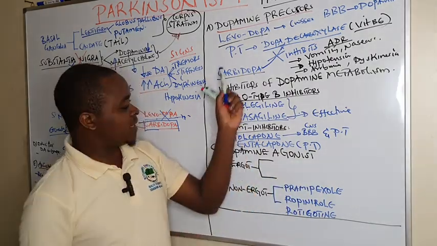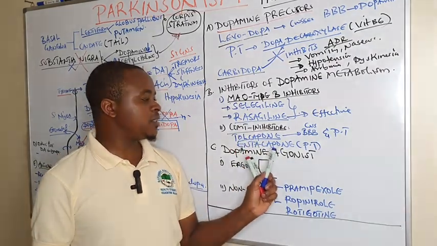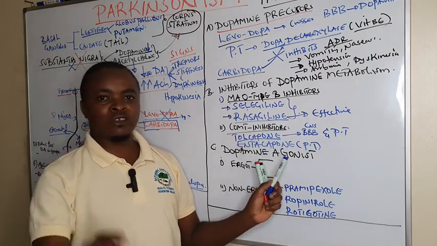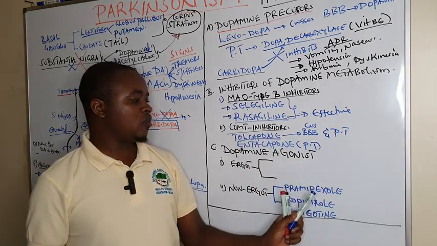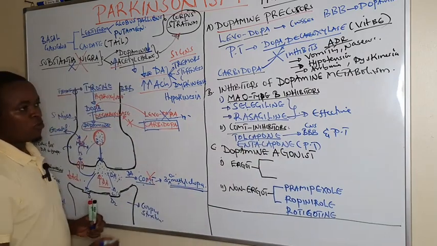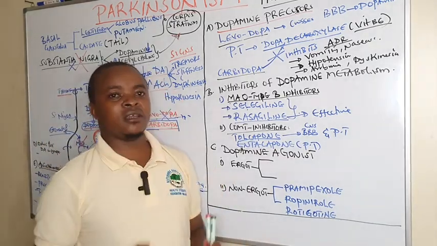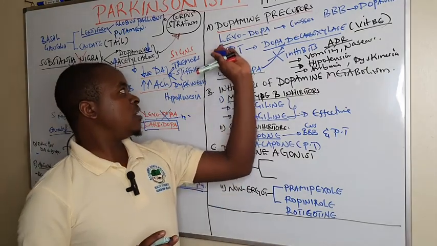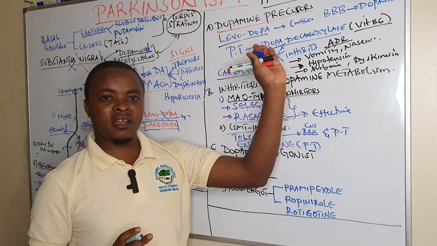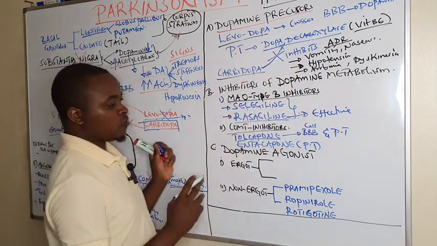But when we add a drug like tolcapone, it also inhibits the COMT pathway, or it inhibits formation of 3-O-methyldopa. After inhibiting it, it will increase the concentration of levodopa entering the CNS. So that is the importance of tolcapone.